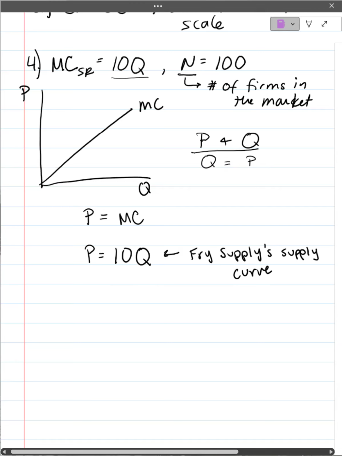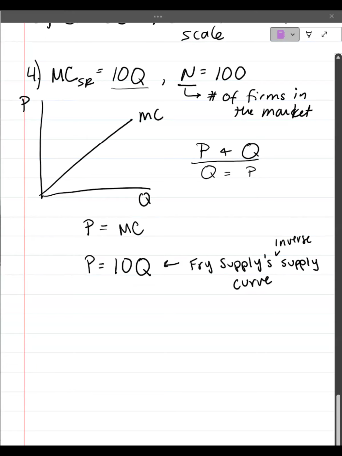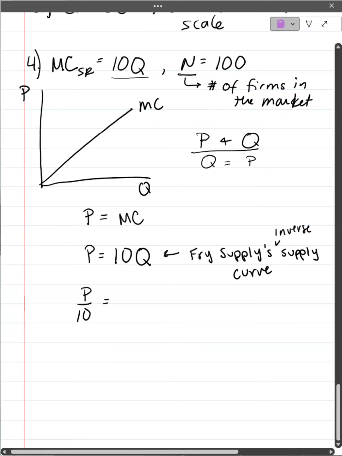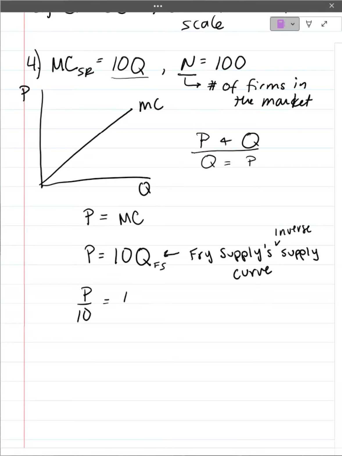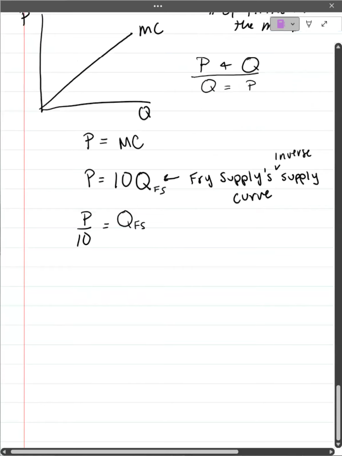So what we want to do first is solve for quantity, because we don't want Fry Supply's inverse supply curve. We want their regular supply curve, quantity in terms of price, not the other way around. So we're going to divide both sides by 10, and that will give us price over 10 is equal to quantity, right? And we can put a little Fry Supply on the quantity term there.